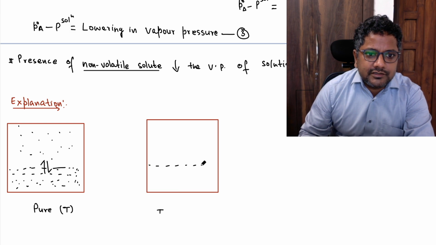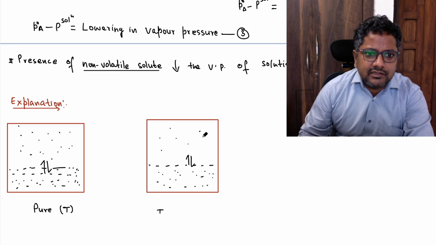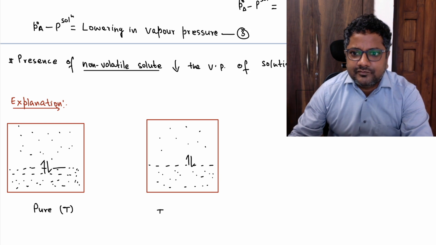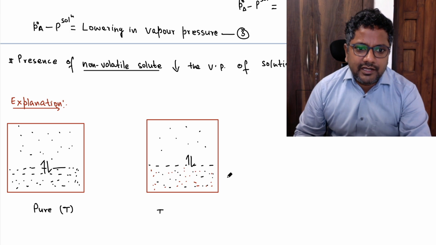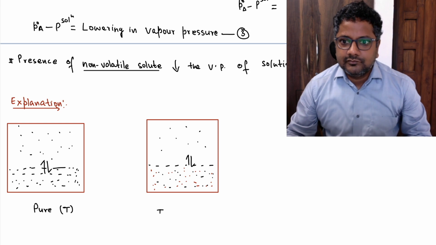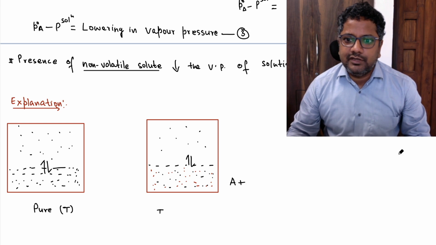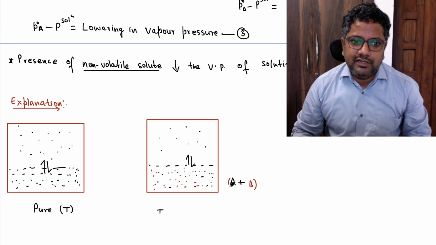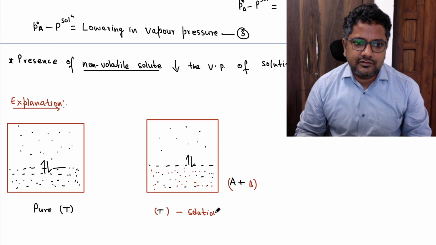Here you have exactly the same quantity you are taking for the solvent. Here also equilibrium, but this time the molecules in the vapor phase are reduced. But this time in the solution B is also there, right? So here A plus B. B is non-volatile, right? And T is the same, and this is the solution, right?